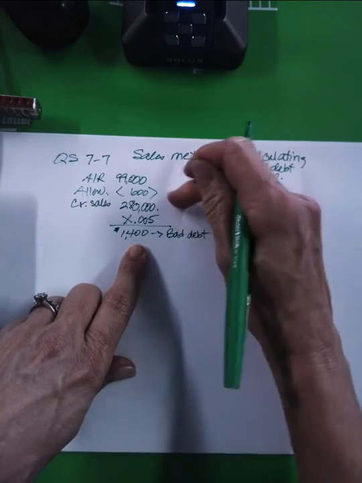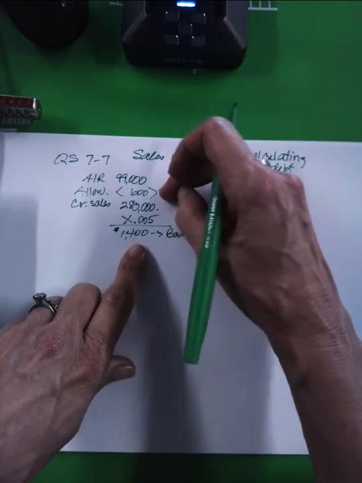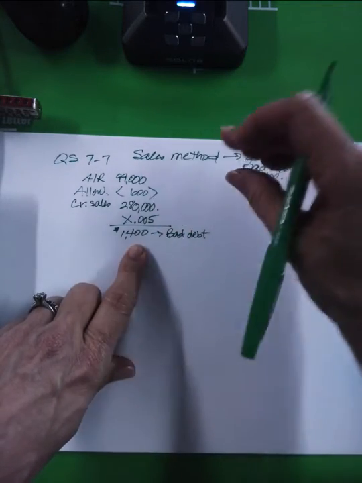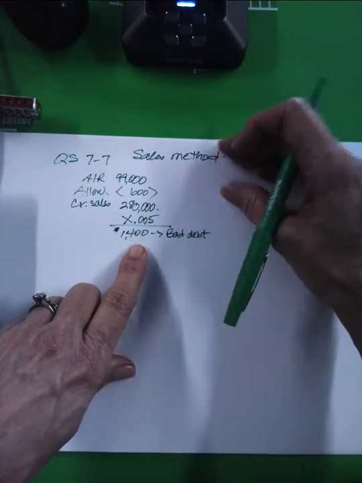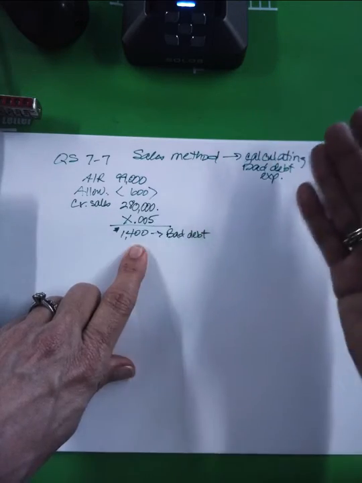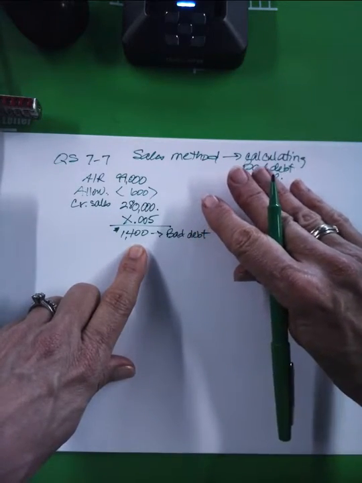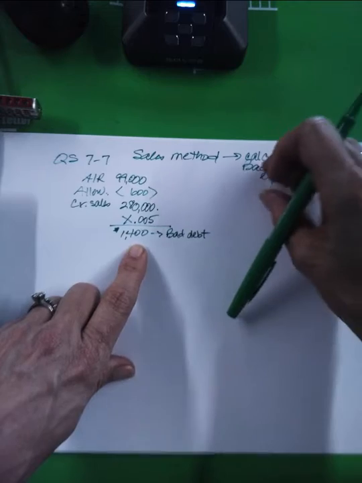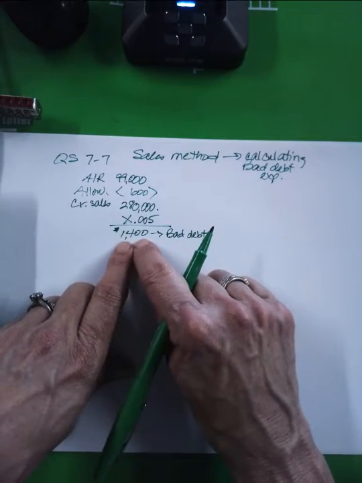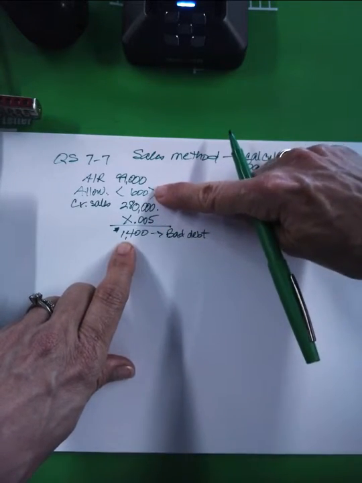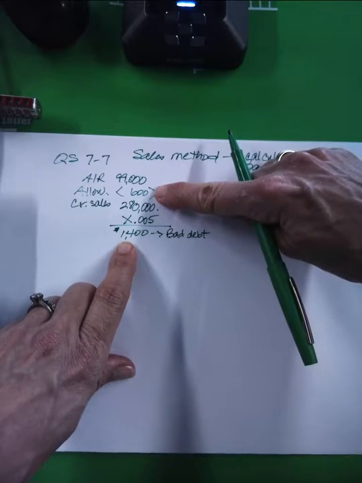I don't care that there's already $600 in the allowance account. Companies use one or the other. If they use the sales method, you make this calculation and then you don't care what's already in the allowance account.